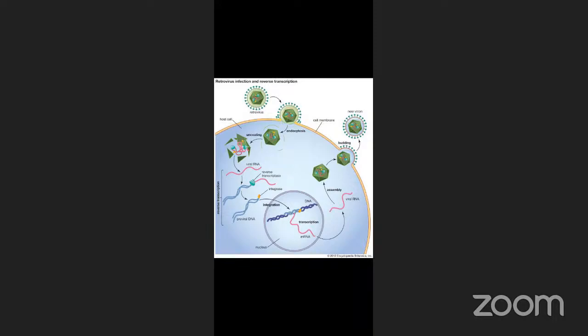So what happens? How does our cell respond? How does our body's immune system respond against the viral particle? Whenever the viral particle comes into contact with our body or cell, what is the immune response against the viral particle?